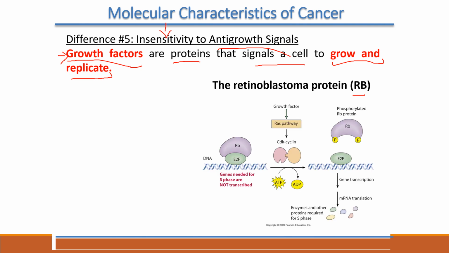And I'm going to show you a schematic of what happens. More than telling you the detail, I want you to remember that we have first growth factors that will attach to a receptor, and look what happens when it goes inside. It'll activate the RAS pathway. That is not one protein, it's a series of proteins, the MAP kinases, and it is going to affect, and I know you studied this in Diversity of Life, the CDK cyclin.